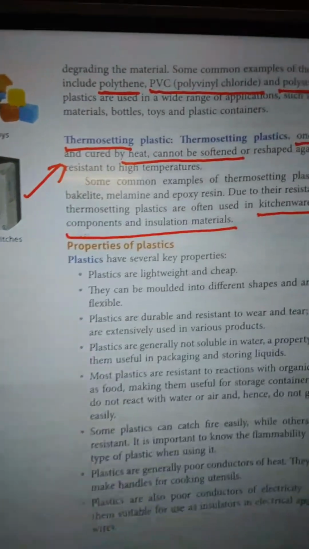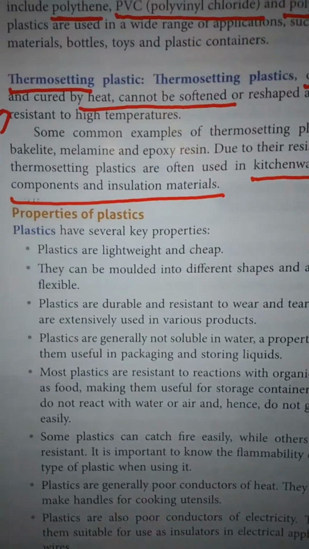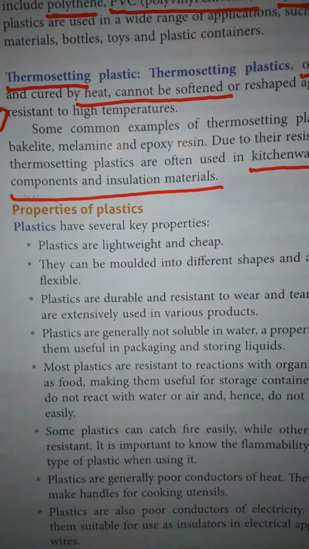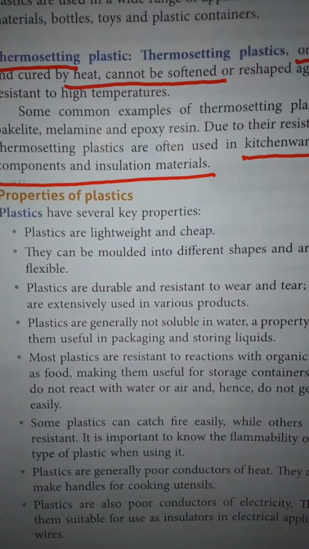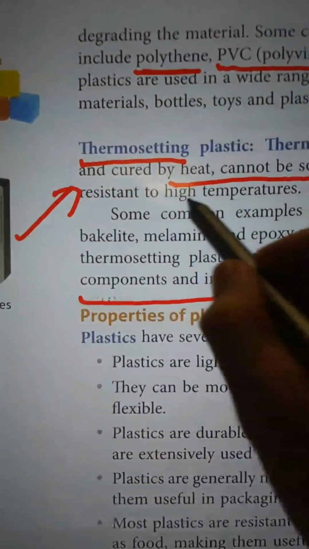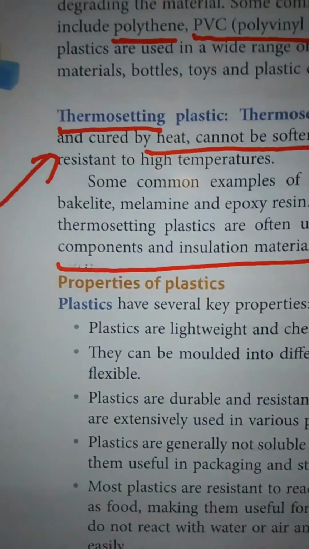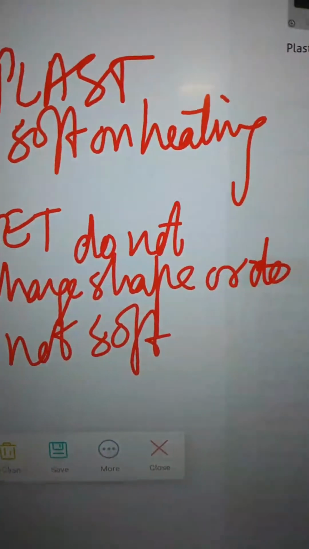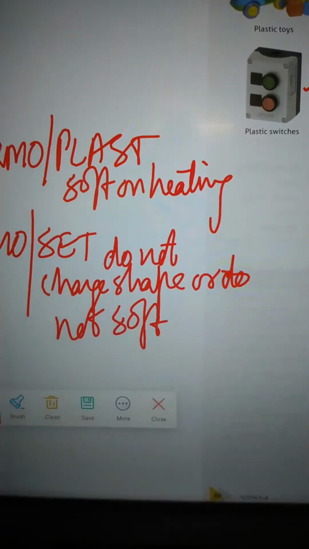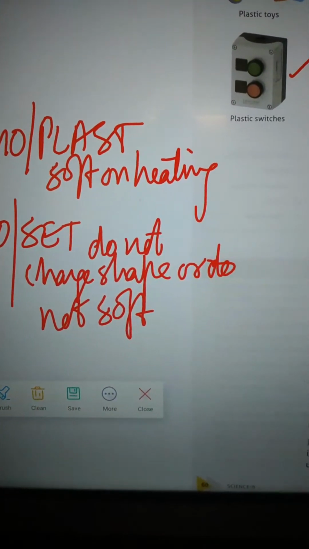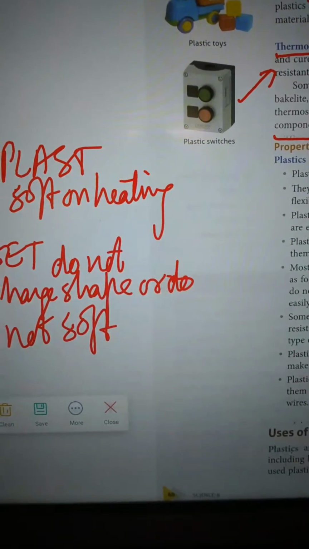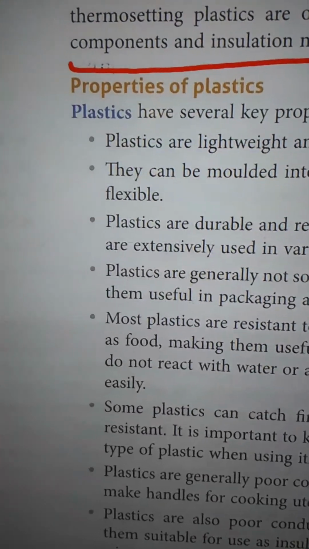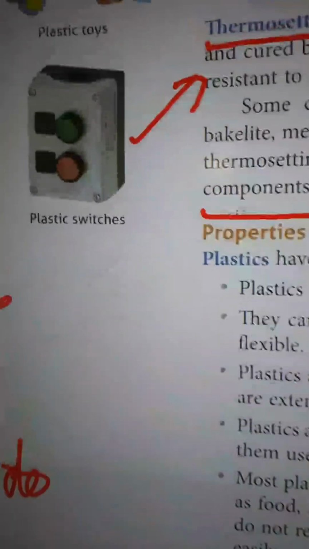The electric switches which you see around, the TV cabinet, the frame of the TV, the devices, machines, all of them are made of thermoset plastic. So why is thermoset plastic used? Because it does not change shape on heating. If you continuously heat them, they will eventually burn.